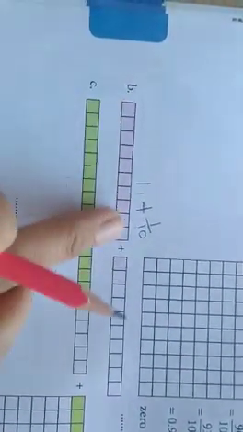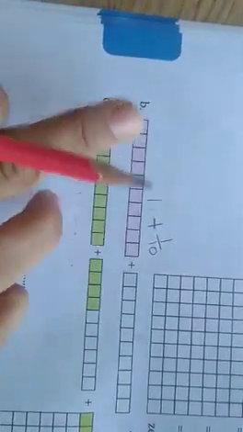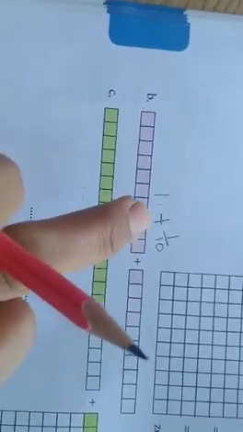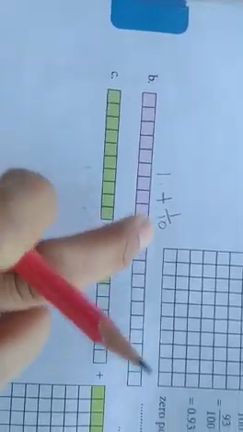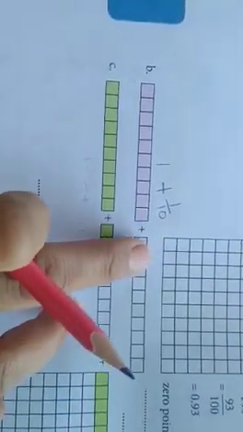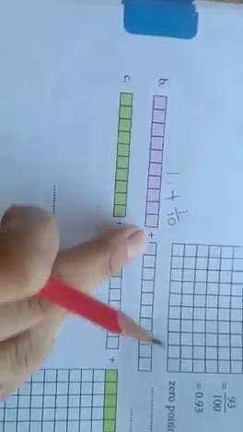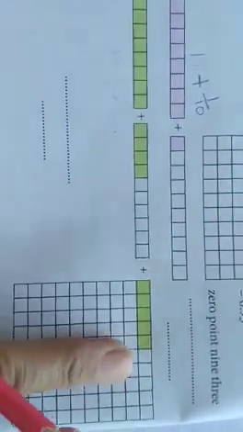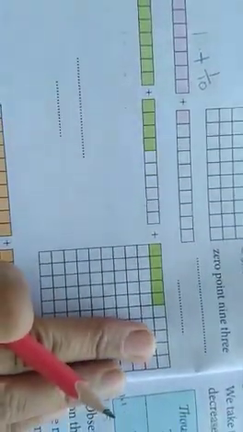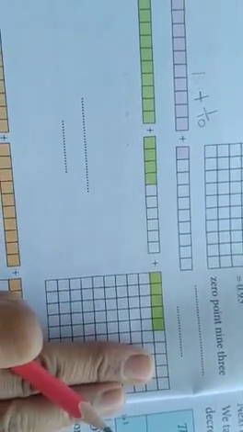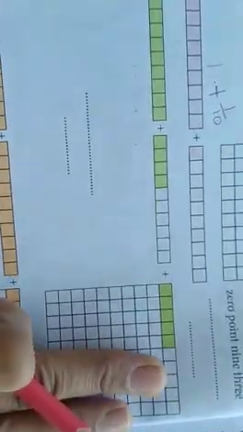Clear? This full box is being shaded, all the boxes are shaded, so it is 1. Here in this only one box is shaded, so it will be 1 by 10. Clear? After that, if 100 boxes are there, it will be over 100.